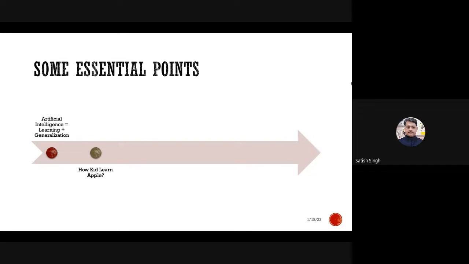So every time you present a large number of apples to the kid, and the kid observes them and then learns that this is an apple. So eventually the kid will be enabled to learn the apple. But what happens if, for the entire life, you have presented only apples to the kid, isn't it? Then what will be the outcome?